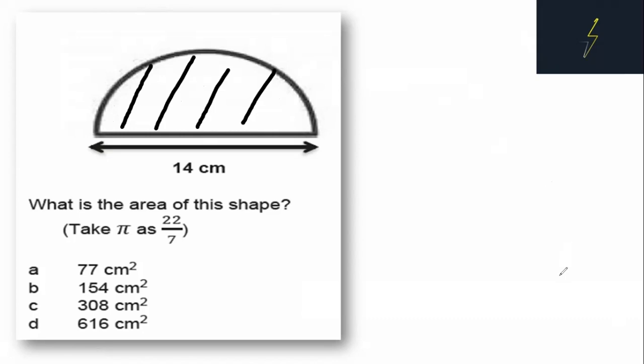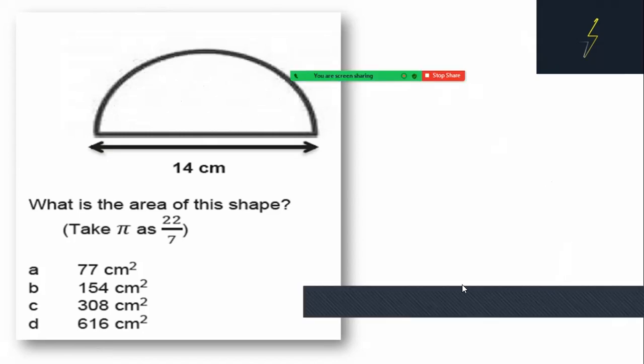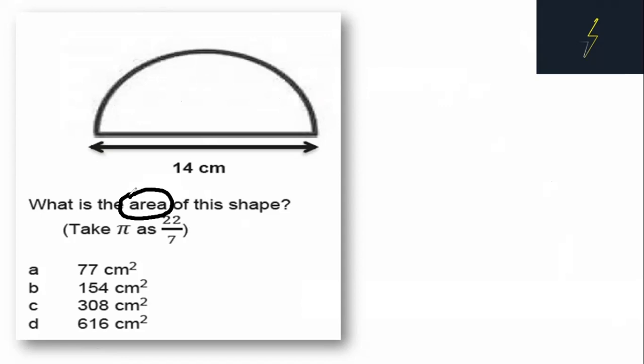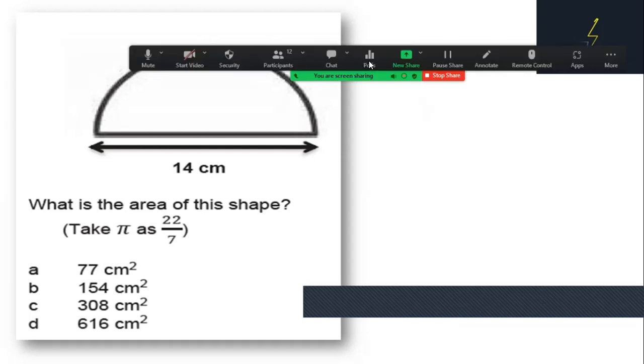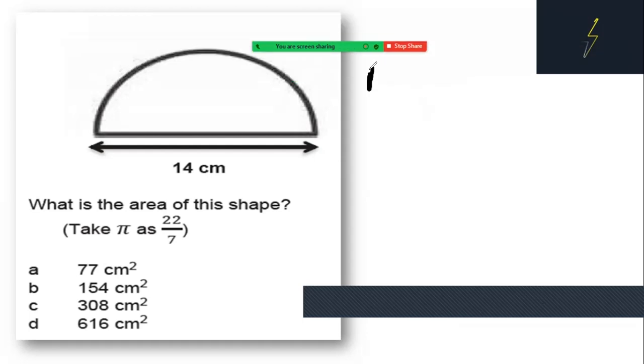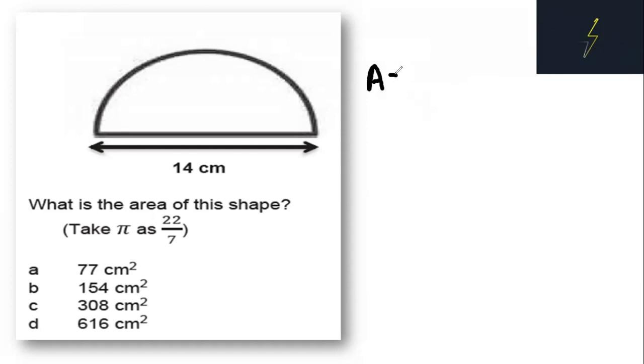All right. Now, it is asking us to find the area of a semicircle. Now, the area of a full circle is pi r squared.